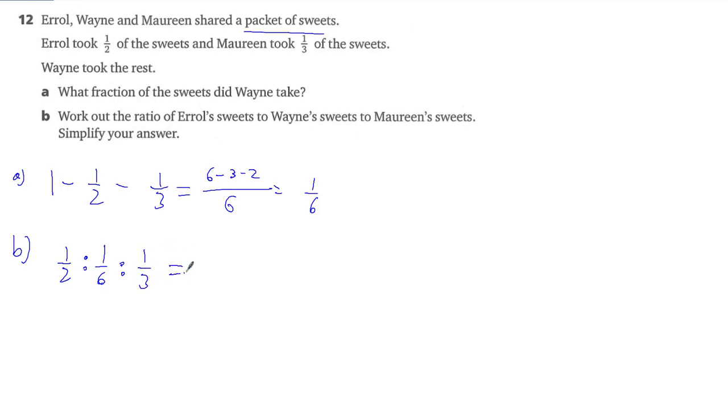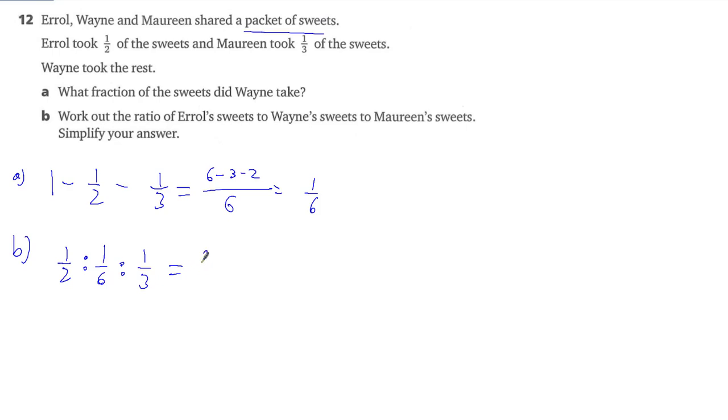Well, in previous exercises, we were simplifying by finding the greatest common factor. In this case, we want to multiply both the numerator and the denominator, so we will get rid of these denominators. Well, we can do that by extending all these fractions by 6.